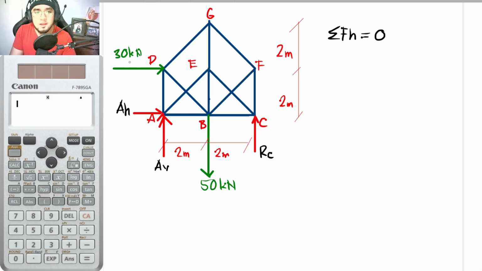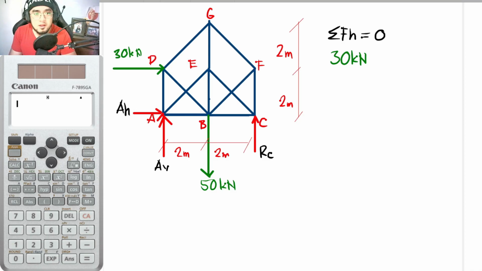So we have 30 kilonewtons, and since it is pointing towards the right, positive 30 kilonewtons. And what else? We also have AH, which is also pointing to the right. I assume it that way. If you would be assuming the other way, the value of your A should be negative.